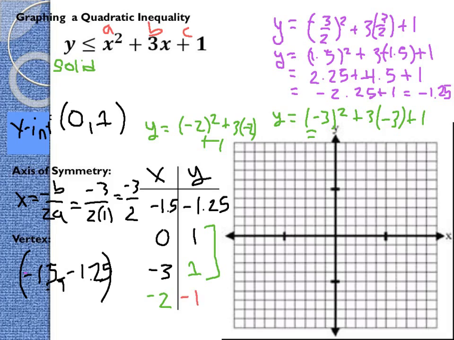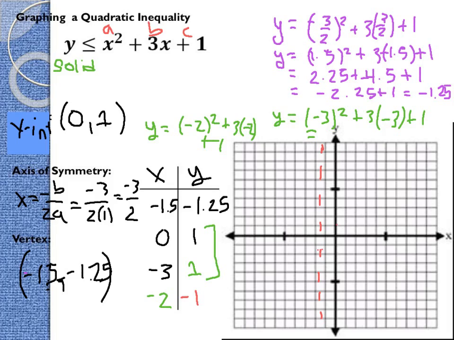So now I have enough points that I can plot my graph. I put my axis of symmetry located at -1.5, so about 1.5 boxes over. And then I can plot my points. I have -1.5, -1.25, which is about 1.25 down here. And then I have the points 0, 1, which is located here.